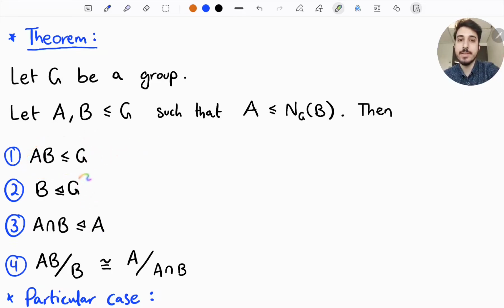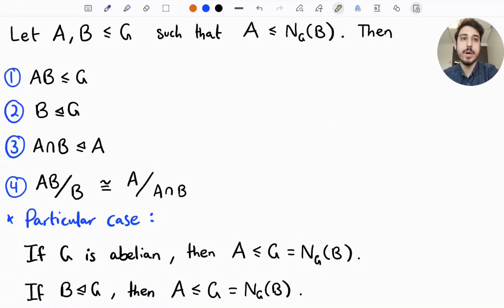The second result says that B is a normal subgroup of AB, which is very, very important if you want to say that the quotient group AB/B is a group. And similarly, for A intersect B, we want to say that A quotient with A intersect B is a group. So that means this has to be a normal subgroup. So that's why we need all three conditions in order to hope to achieve the last result.